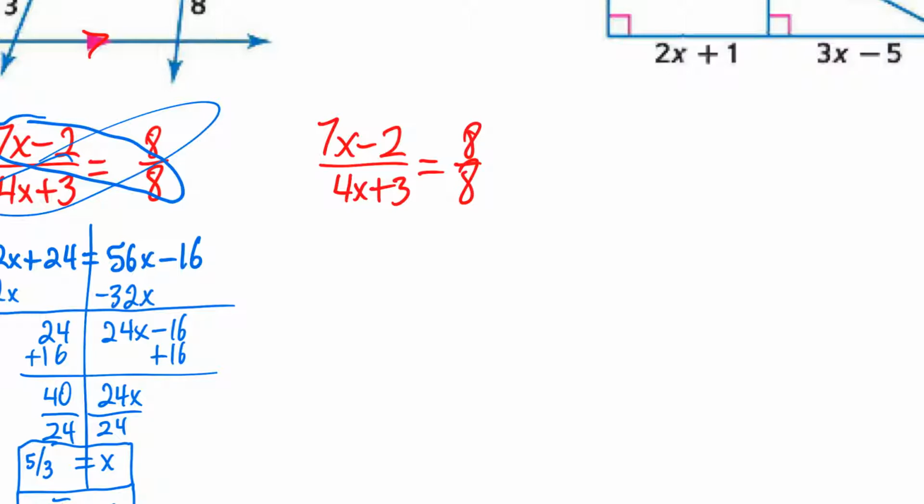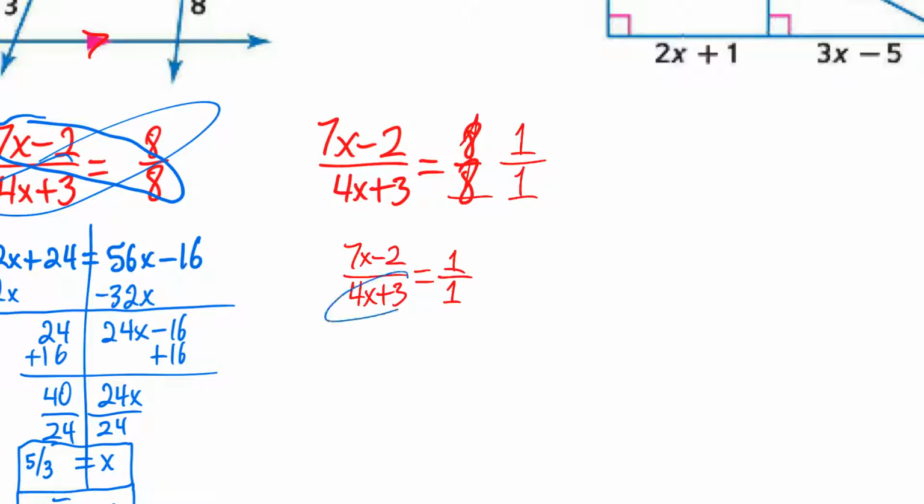It is 1, right? So 8 over 8 could be written as just 1, but it could also be written as 1 over 1. You could simplify 8 over 8 as just 1 over 1. And so it could be like this: 7x minus 2 is to 4x plus 3, really as 1 is to 1.